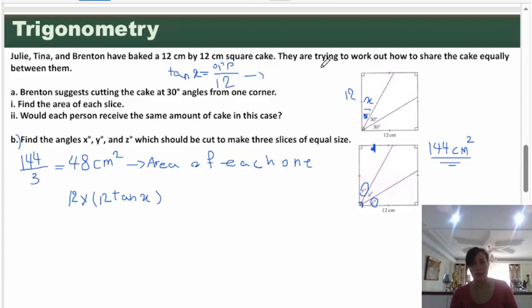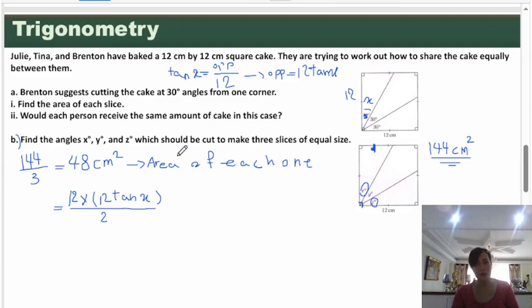So the opposite side, which is my height, equals 12 times tangent of X. The reason I write my height as the opposite side is 12 tangent of X. Times the base, oh yes, times the base, because I am trying to find the area of the triangle, divided by 2.